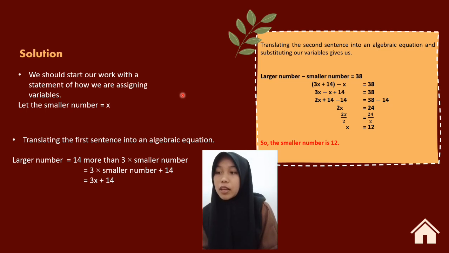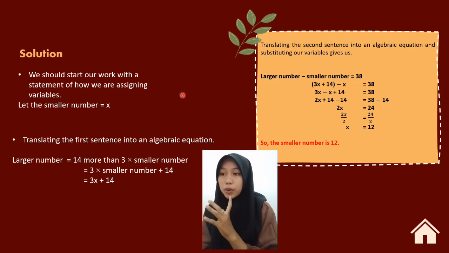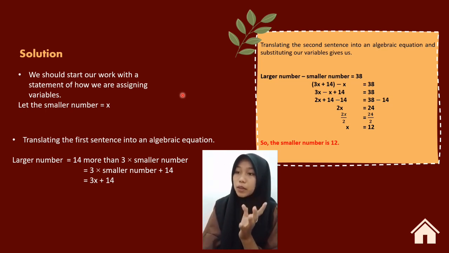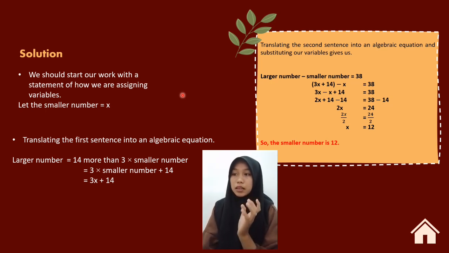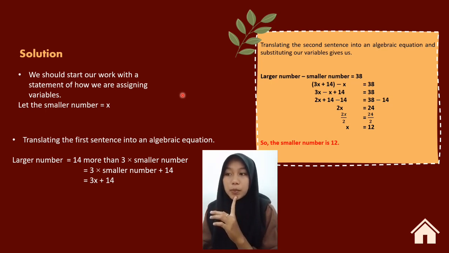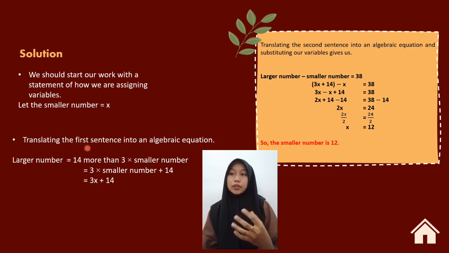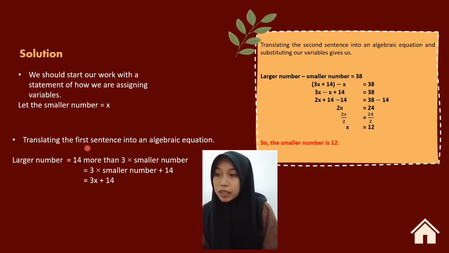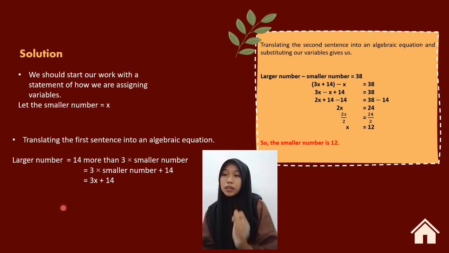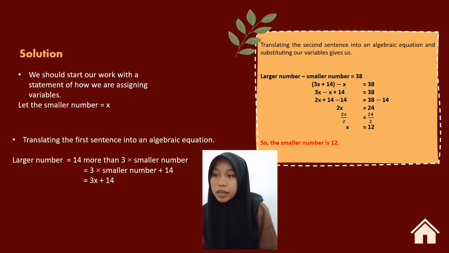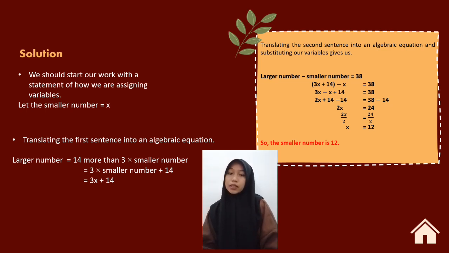The solution. We should start our work with a statement of how we are assigning variables. Let the smaller number be x. Translating the first sentence into an algebraic equation: the larger number equals 14 more than 3 times the smaller number.